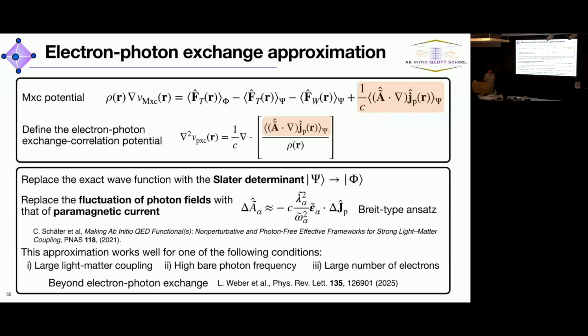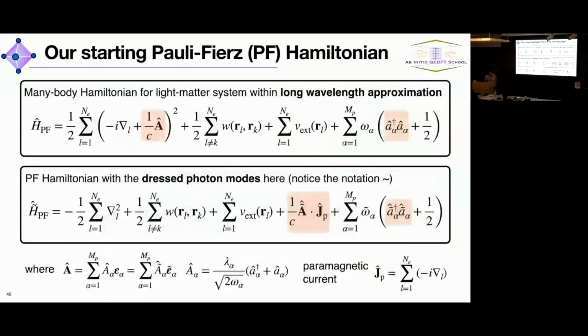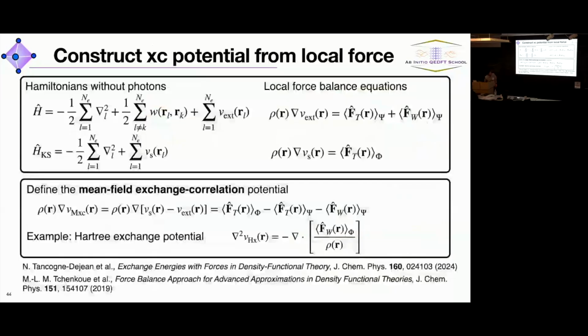Okay, so if someone asks me how to use the local force balance equation to construct the functional, basically I will explain like this. We start from the full Hamiltonian, and from the full Hamiltonian we construct the local force balance equation.